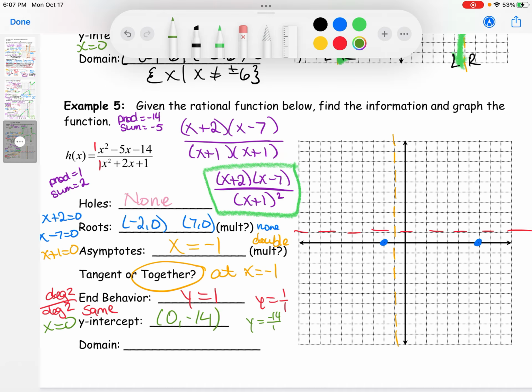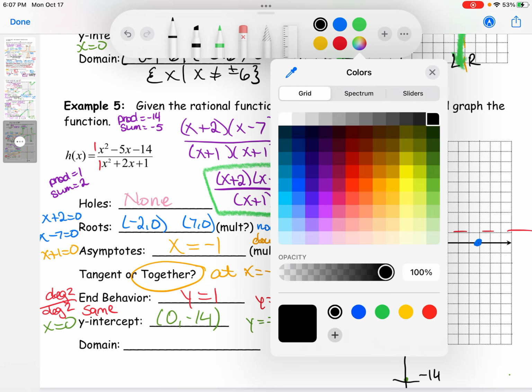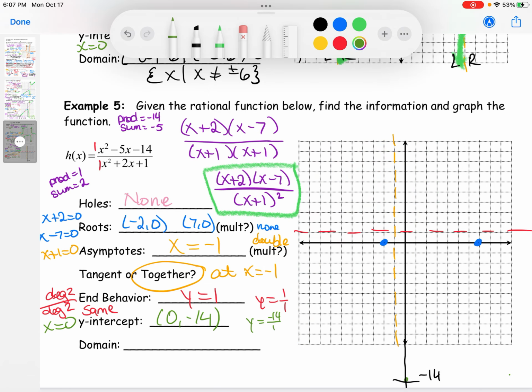So that point is 0, negative 14, which is a little far off our graph, but we can still plot about where that is. Just go ahead and label that as a negative 14. Estimate it. And this is all we have. So if you're looking at this going, there's no way, well, there is a way. And so what we need to do is work on getting all of this stuff connected.